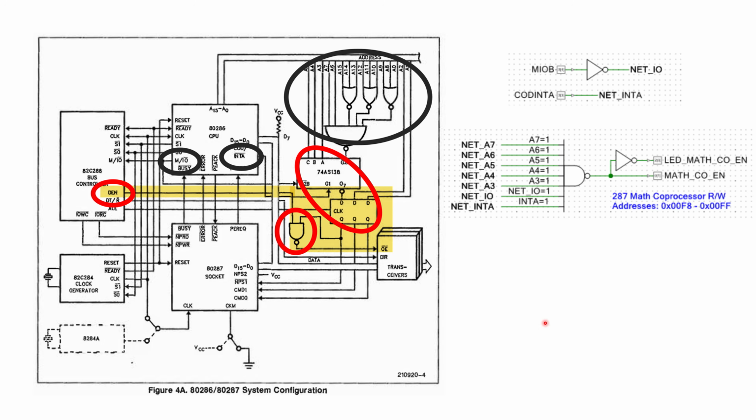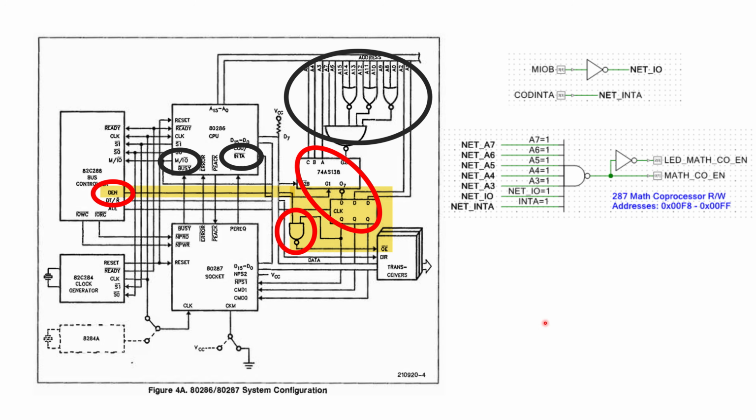So if IO is low, it's active low, I'm going to invert it to high and send it into the NAND. So I'm going to filter down and make sure that I am doing an IO type of address space for this math coprocessor to be enabled.